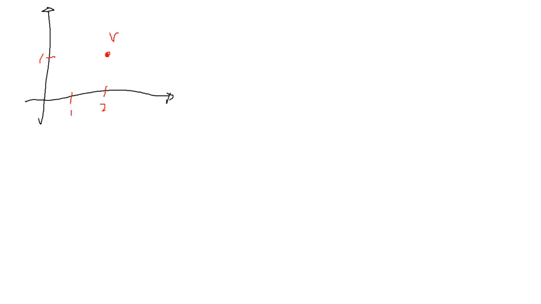So this is vertex (2, 1), and our parabola is facing downward. According to the parabola, at x equals 0, y is 0. So here, x equals 0, or the y-axis, is a part of our condition to get the enclosed region.